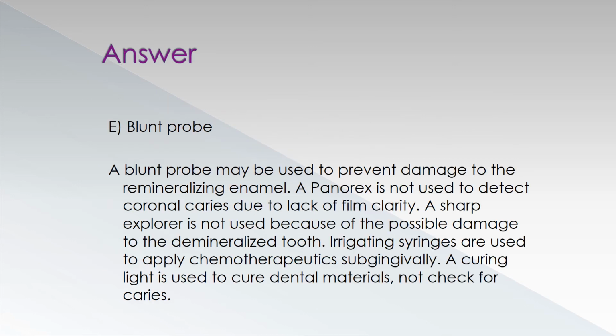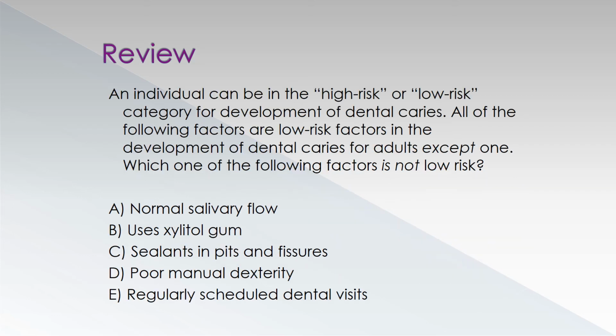You want to use something blunt like a probe, or you could use the side of an explorer, but you don't want to use that sharp tip of the explorer because you don't want to cavitate into that. You don't want to break that structure that's still holding up on the tooth, because that can be remineralized and the tooth can then keep its form.